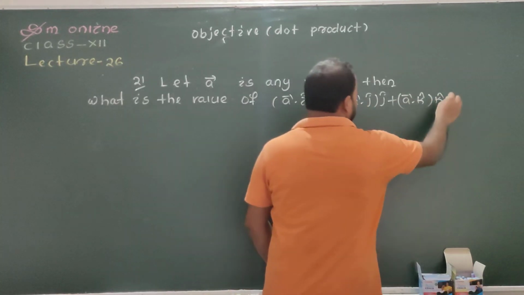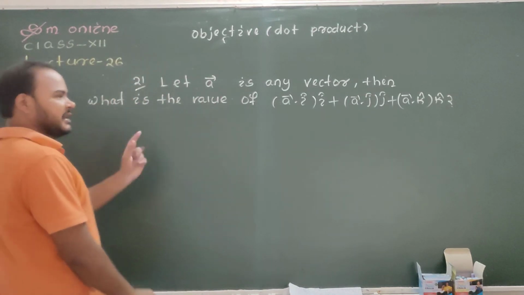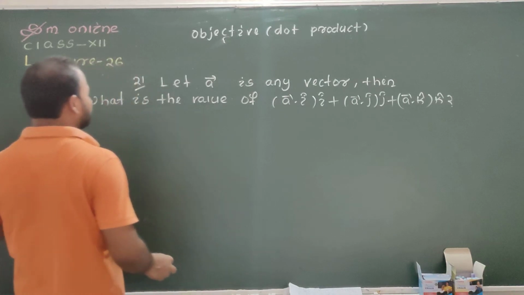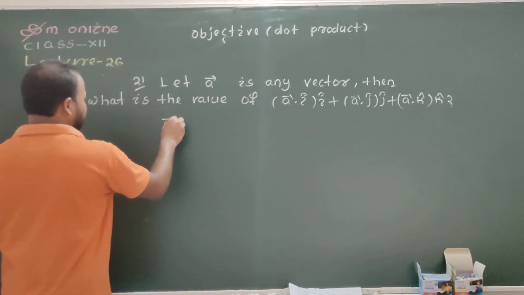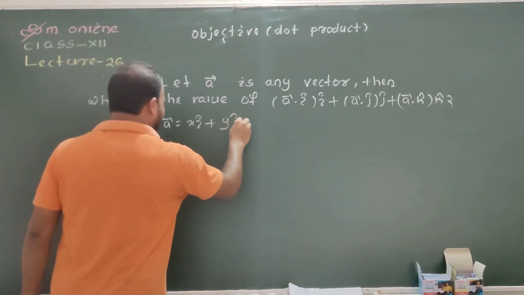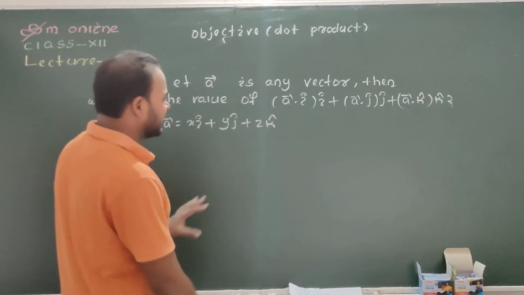Okay, now let vector A be any vector. Let us take vector A equal to x I cap plus y j cap plus z k cap. Now let us find its value.